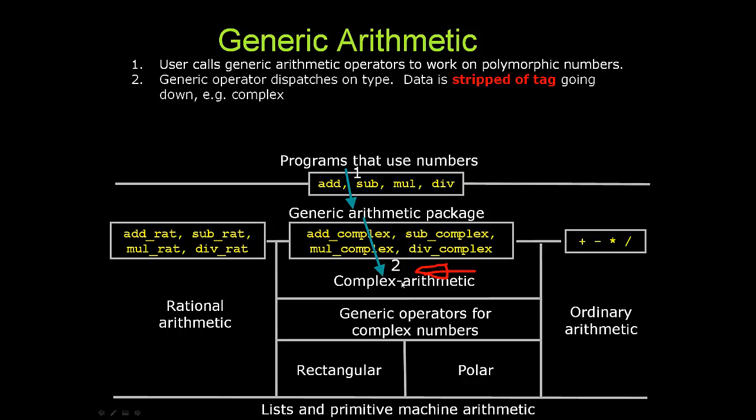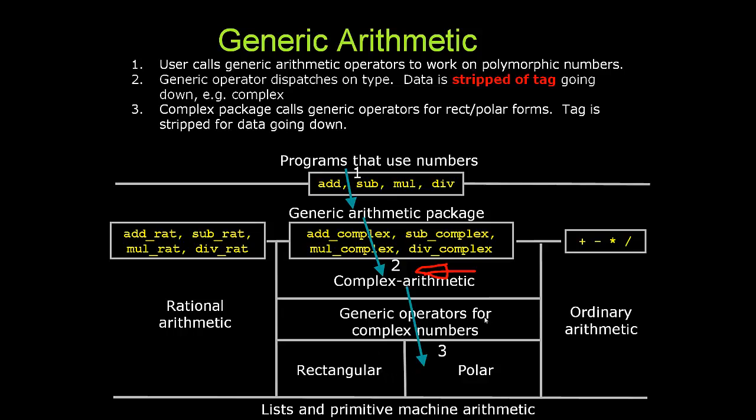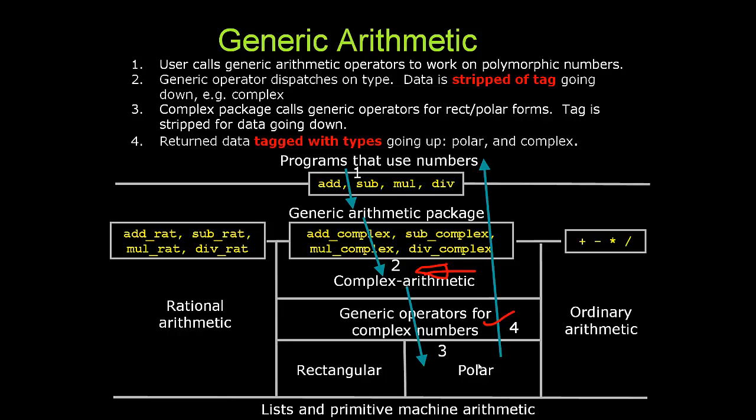You strip off this tag and you send the remainder to the complex arithmetic part. Now, because the data is a complex number, it will contain a tag that tells you whether it's rectangular or polar. So again, your generic operators over here will strip off the tag and then send it to the right operators, either polar or rectangular. And after that, basically you go up the chain and you put back two tags, polar and complex.